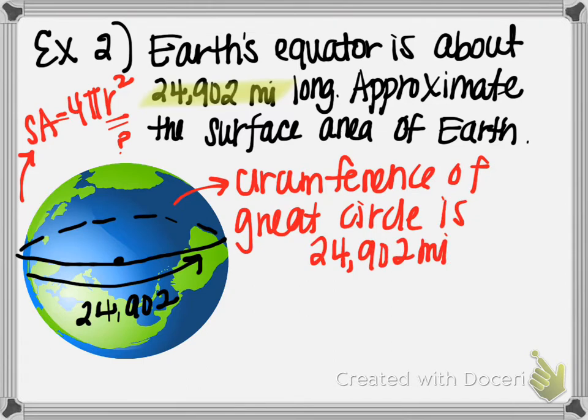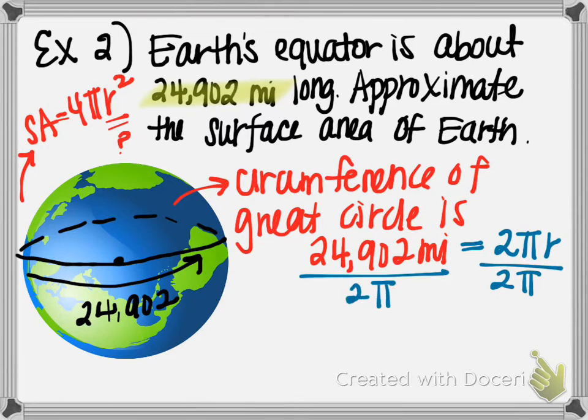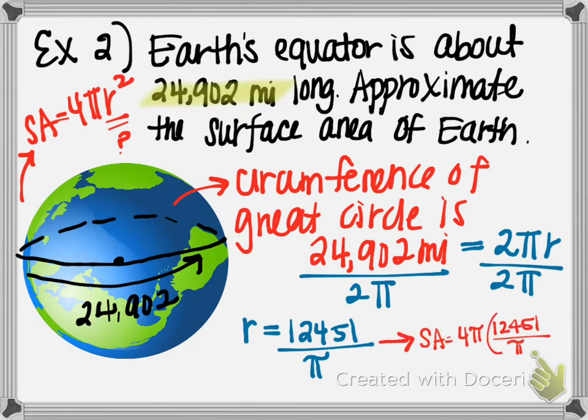So circumference, I know, is 2 pi r. So if I set that equal to 24,902, I'll find out that the radius is 12,451 over pi. Let's plug that in now to find the surface area of the Earth.